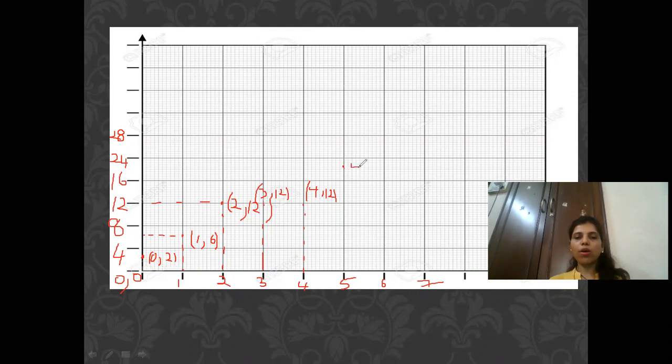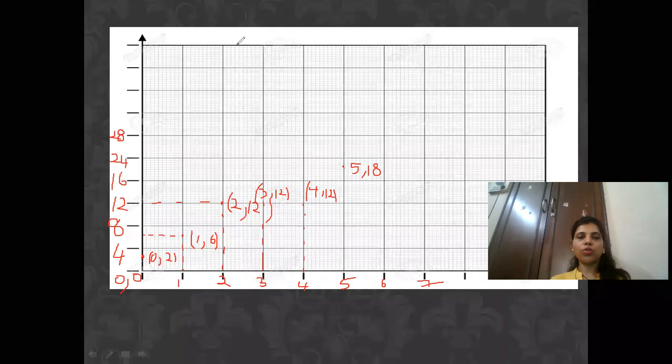So 5, comma 18. And then 6 is 22, so somewhere here. Okay, so this is 18 and then 20, 21. I shouldn't make this point over here. Just erase this part. It has to be 20 over here.